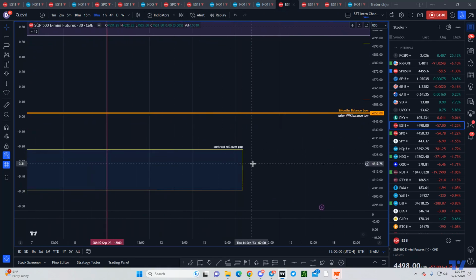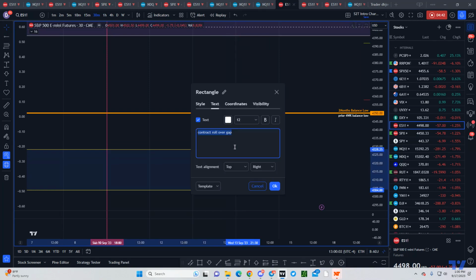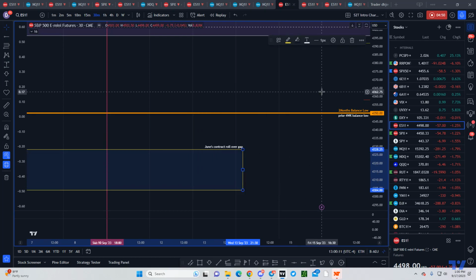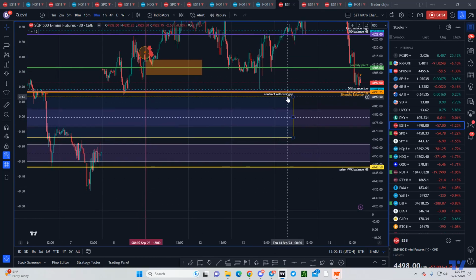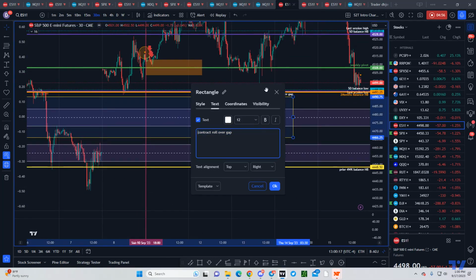So I got this information here. Let me change the number here and put June's rollover gap. And here we're going to call this September rollover gap.